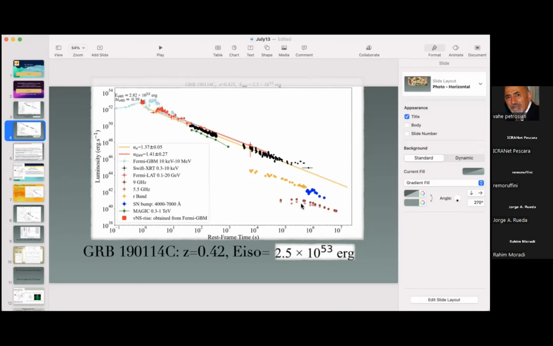The masterpiece is how you can see the supernova in blue. Okay? Because the energy, the luminosity, is much lower than the afterglow. But the masterpiece of this work is that you don't care about the luminosity of the X-ray.